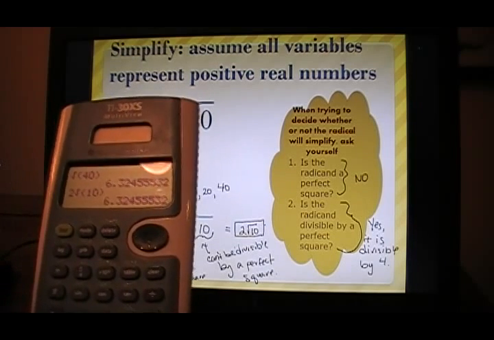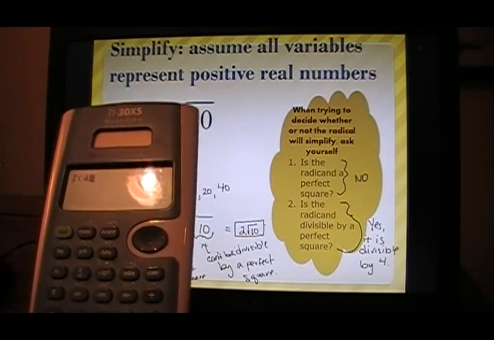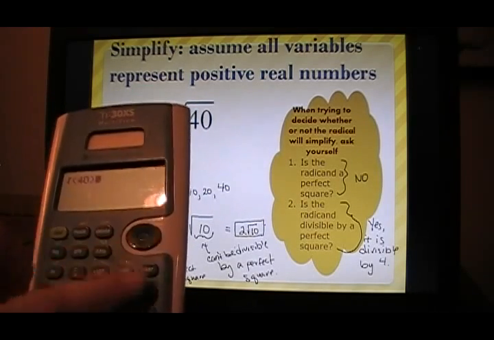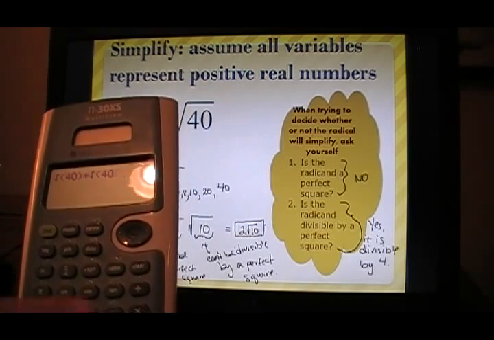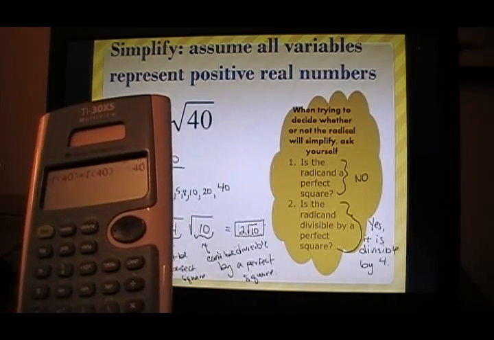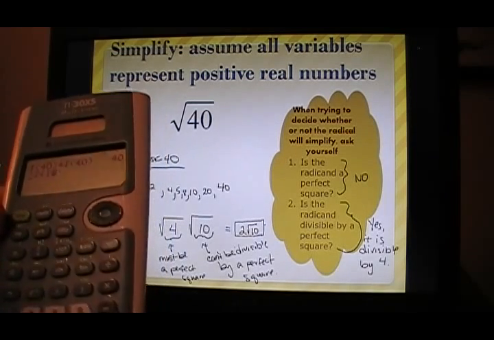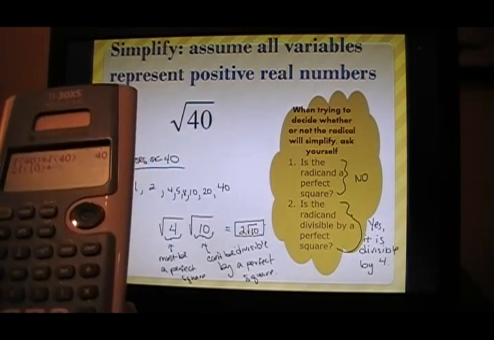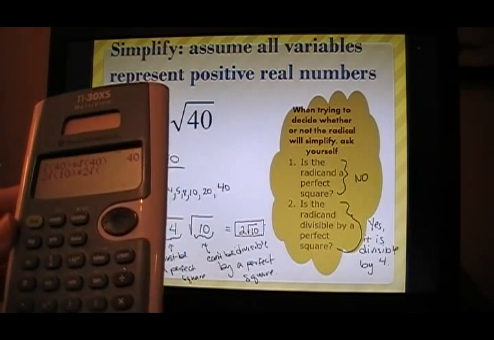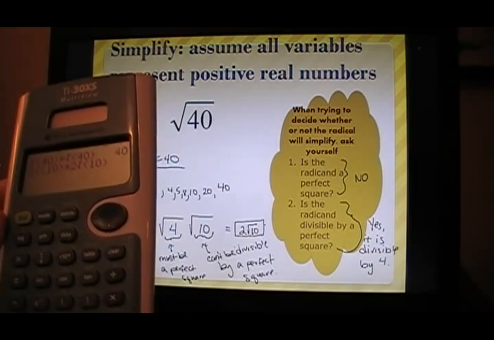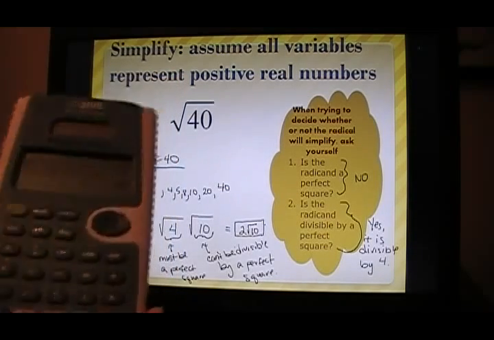And so to go a step further, you'll see if I multiply the square root of 40 by the square root of 40, I do get 40. If I multiply 2 root 10 by 2 root 10, I also get 40. Okay?